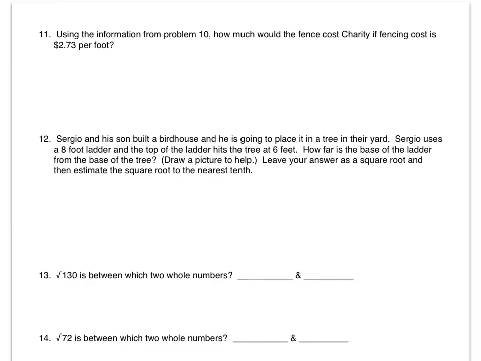Next question says, using the information from problem 10, how much would the fence cost? Charity of fencing costs $2.73 per foot. Well, we just found that she needs 12 feet, and we know it's going to cost this much per foot, so we're going to multiply by 2.73.